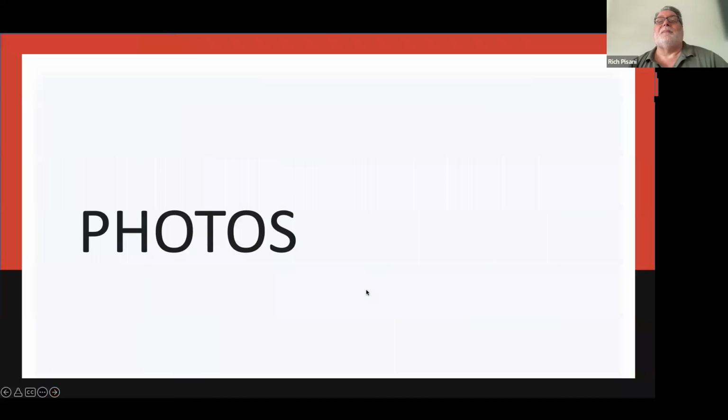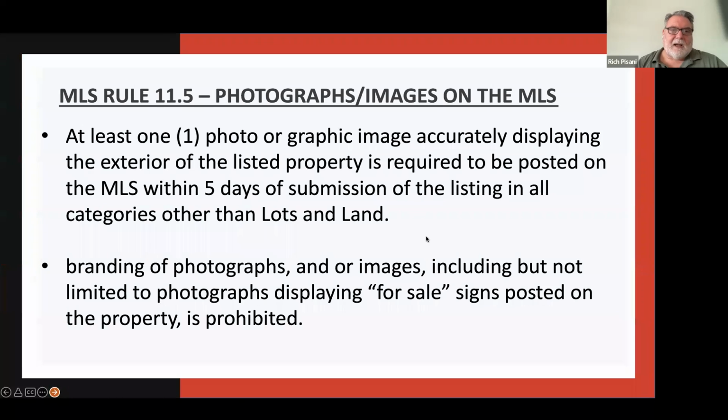Next, one of the biggest things is in regards to photos. Rule 11.5, photographs, images on the MLS. So here's the big one that people don't do. At least one photo or graphic image accurately displaying the exterior of the listed property is required to be posted on the MLS within 5 days of submission.